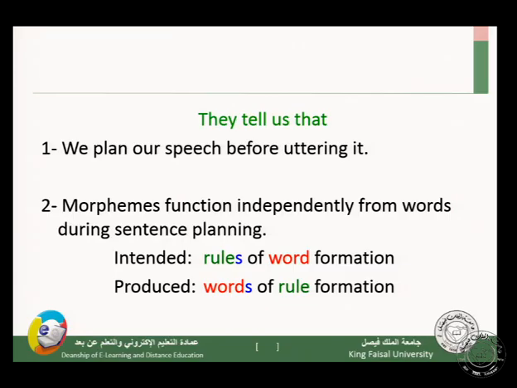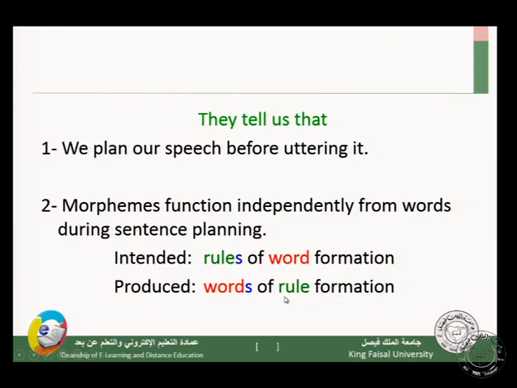The produced is words of word formation. Okay? This tells us a very important fact, that before we speak, we plan. How? Because I'm not sure whether you can see the cursor or not, but here in the produced speech we have words of rule formation.